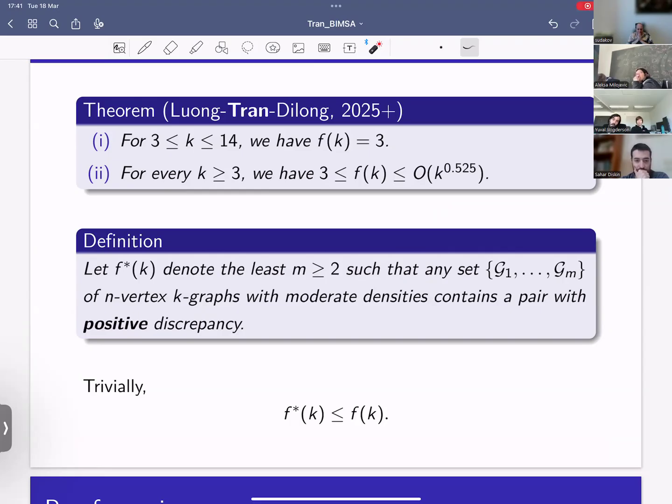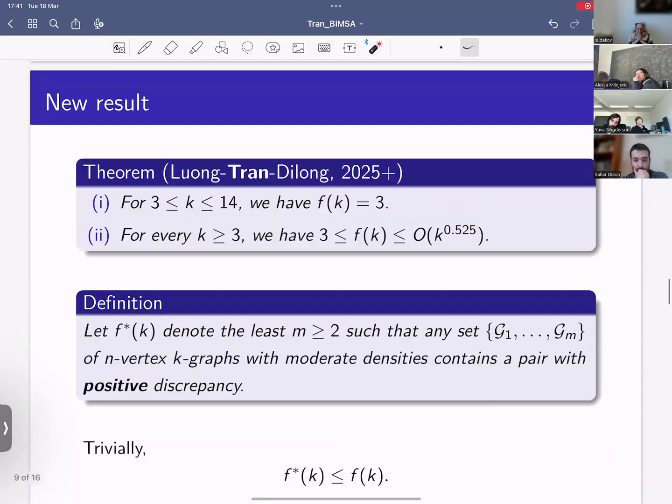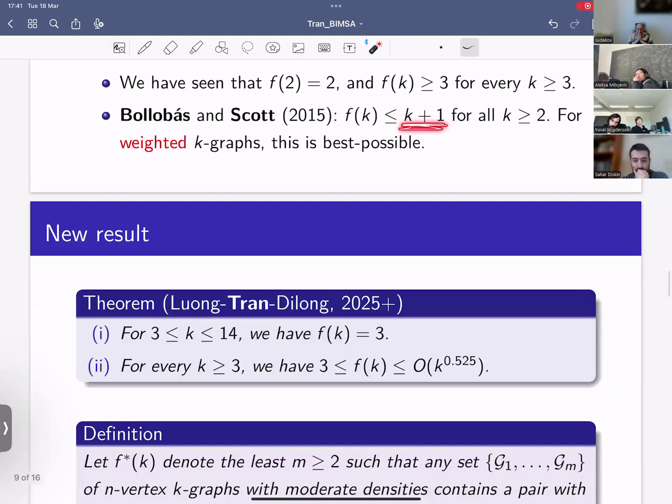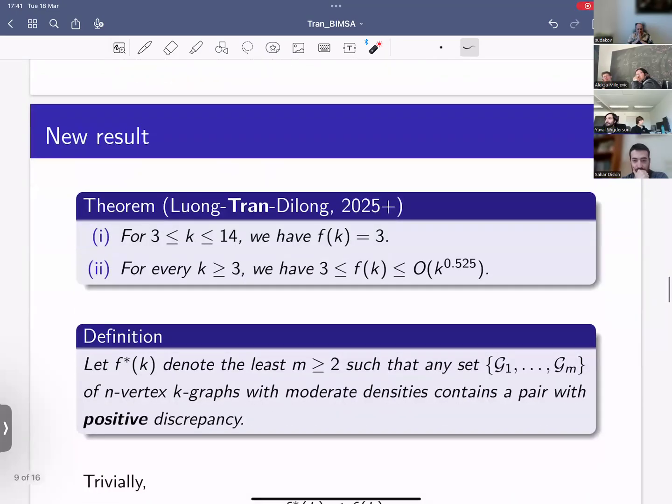For larger k, we have an upper bound which is much smaller than this linear upper bound. So this is optimal for weighted hypergraphs, and for unweighted we have this separation. Our bound is separated from this bound.